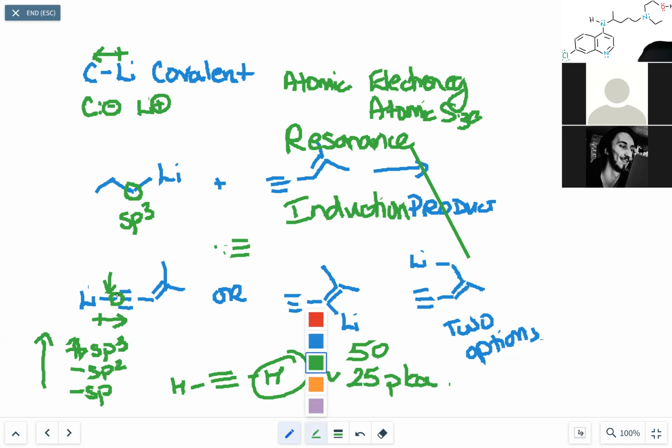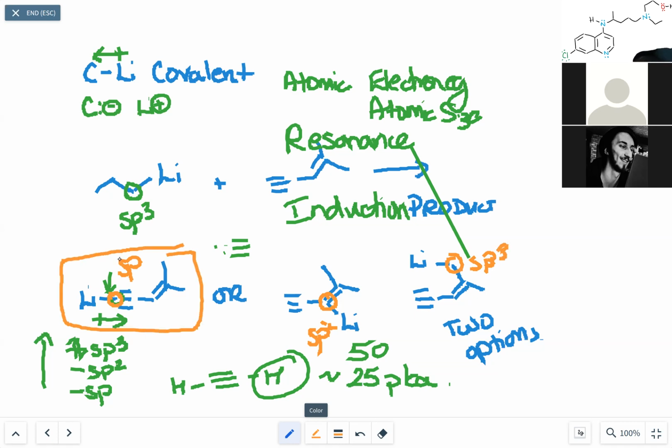This carbon is sp. If it was on this one, it would be sp2. And if it was on this one, it's still sp3. So the product should be something like that. Maybe if the question had just been carbon with the minus without the lithium there, it might have been easier, I suppose.